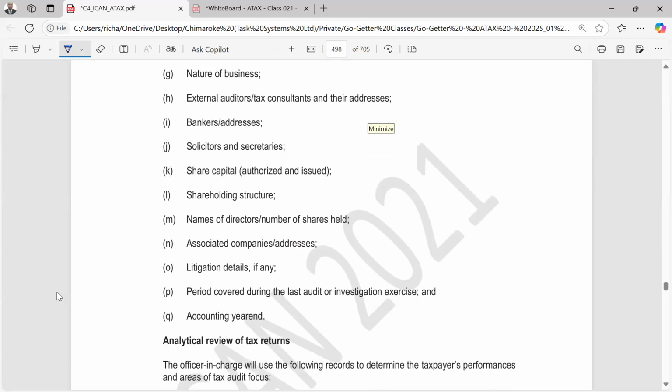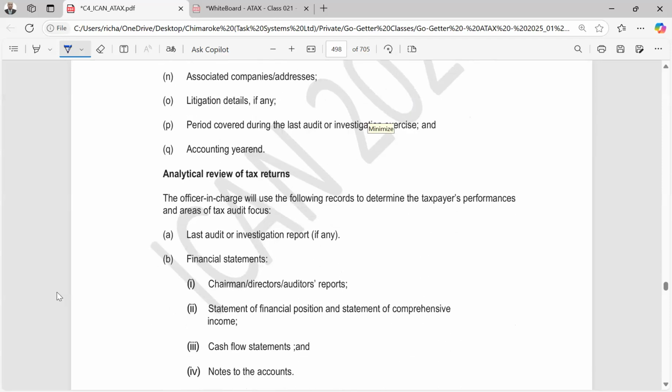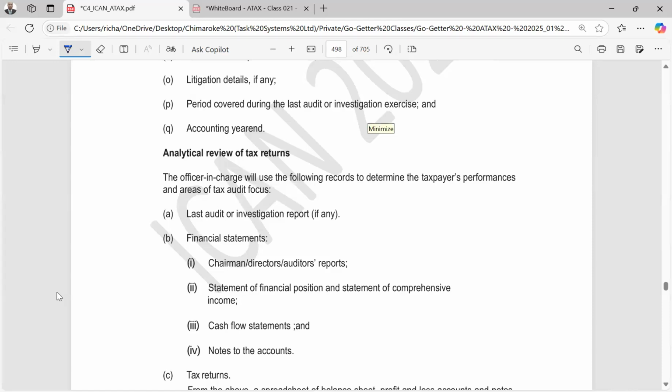All right. Then analytical review of tax returns. Now, here, the officer in charge will now use the following records to determine the taxpayer's performance. Last audit or investigation, if any.